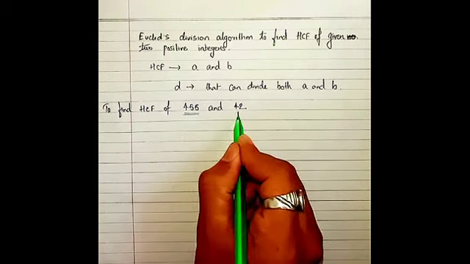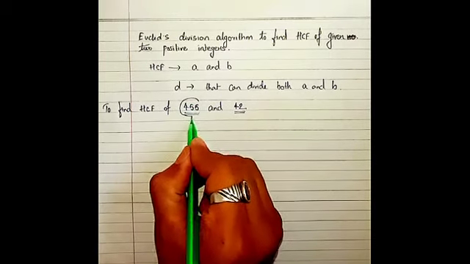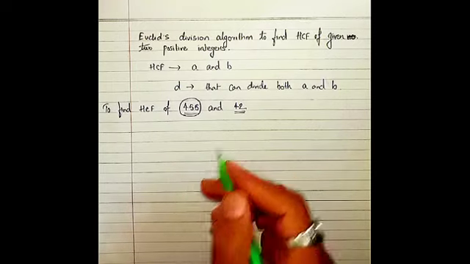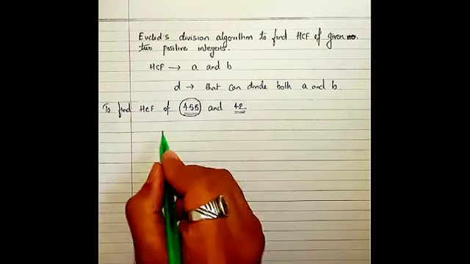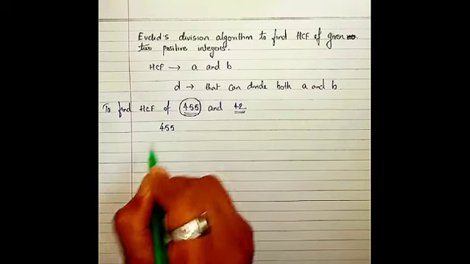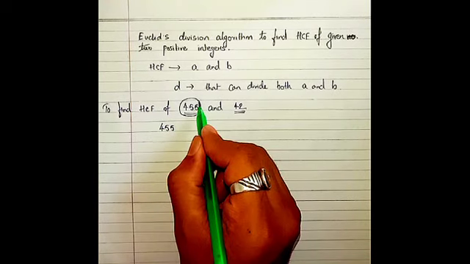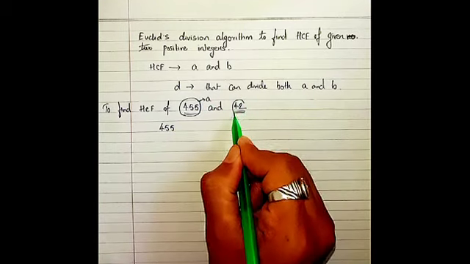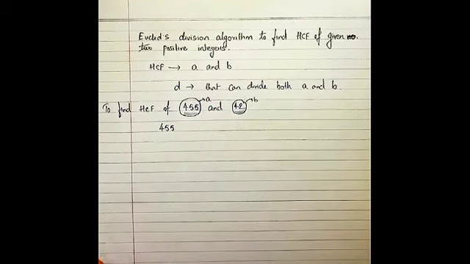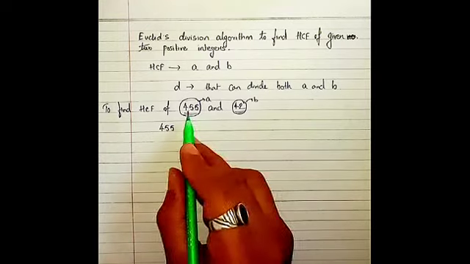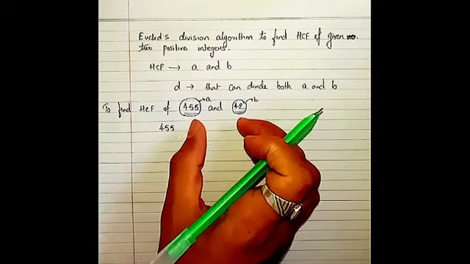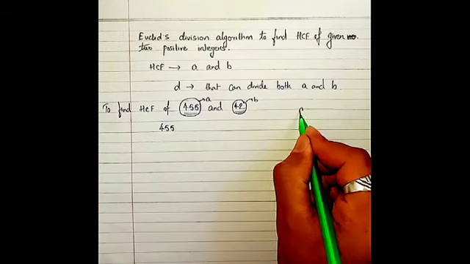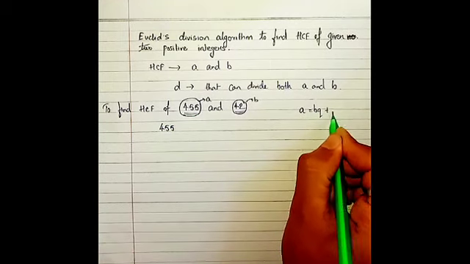Here, among these two, the larger integer is 455 and we use the division lemma. So I will use 455 as a and 42 as b. As per the division lemma, we have to represent this number in the form a = bq + r.